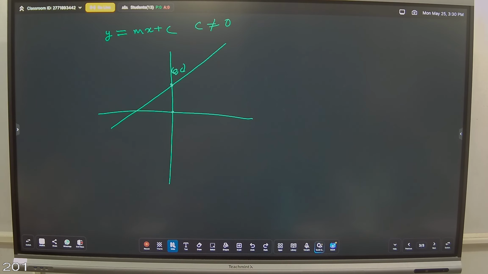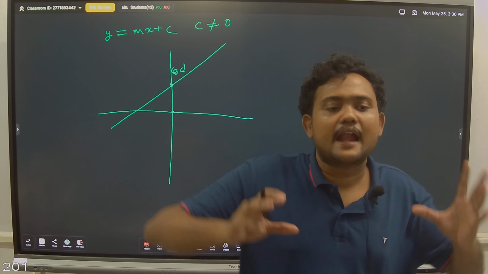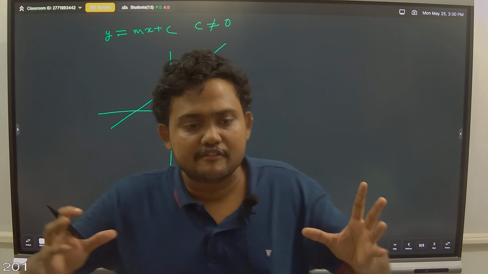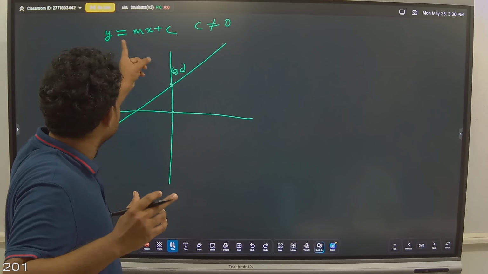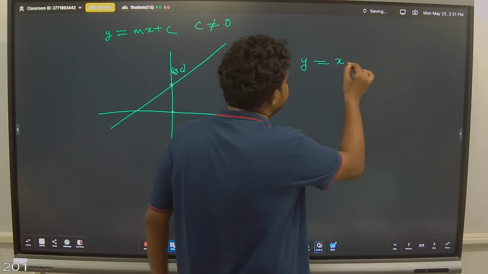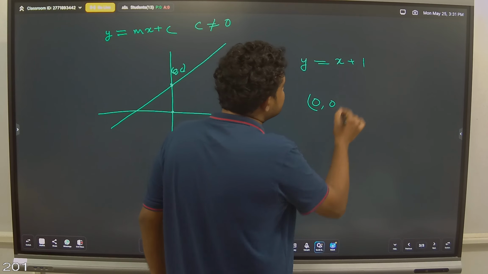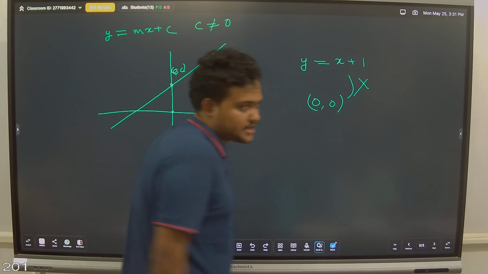No, x is varying, it's a line. So what we are essentially doing when we are drawing a line is collecting all the points which satisfy this equation. For example, if I say y equal to x plus 1, the point 0 comma 0 does not satisfy this equation, right?